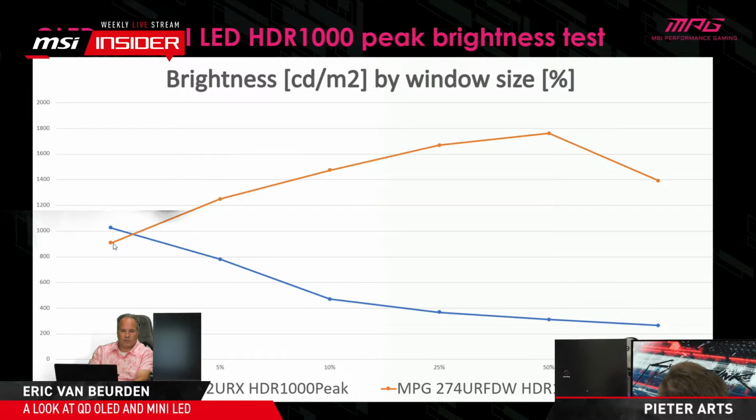This Mini LED is 900, so it's underperforming, and the QD-OLED, the blue line, is hitting this 1000. However, when we make the white space bigger to 5% or 10% of the screen, you see that QD-OLED is losing peak brightness. And of course, Mini LED can output way more light.